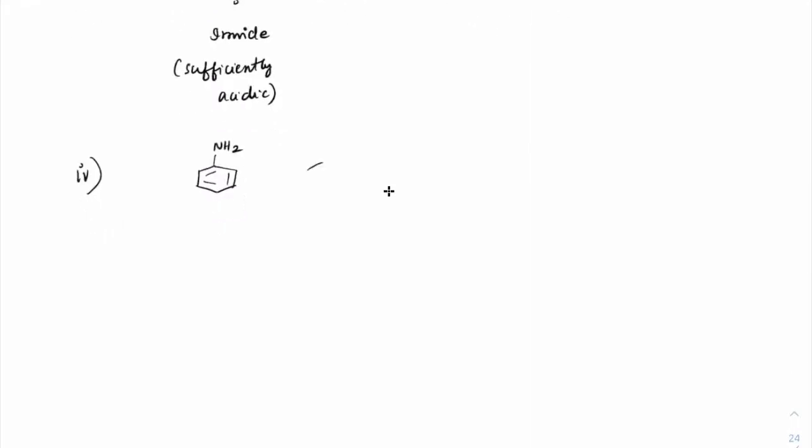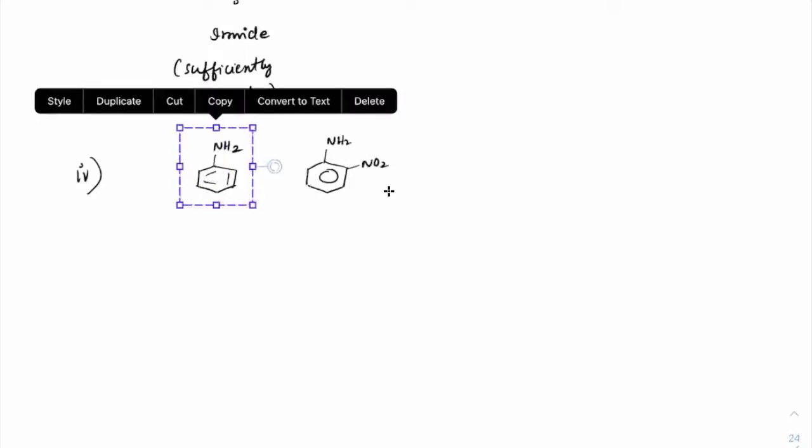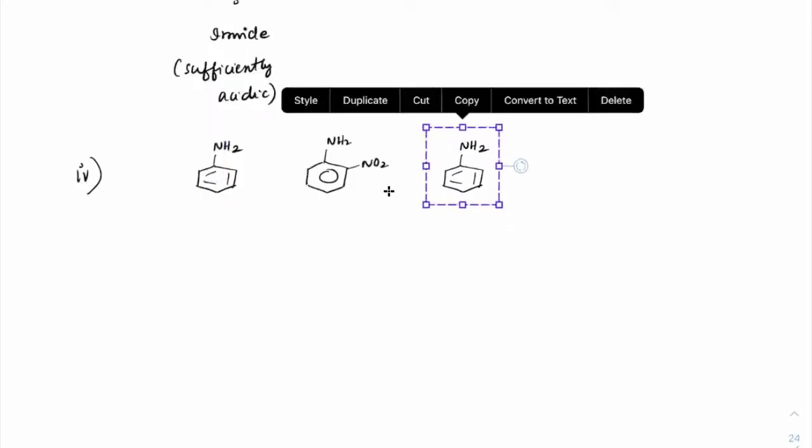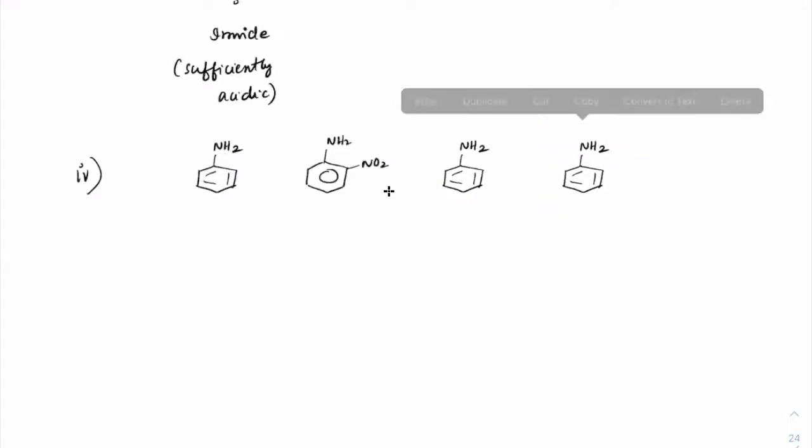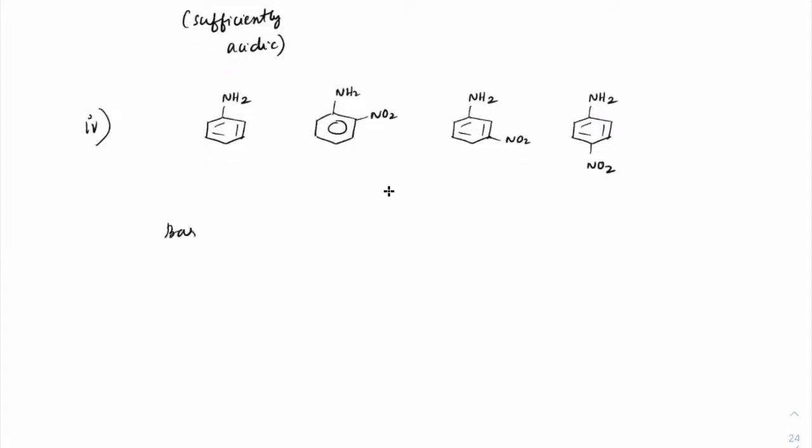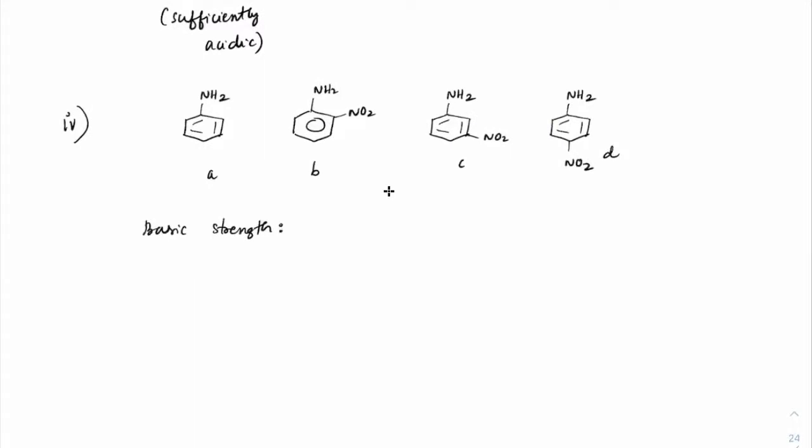Suppose you have NH2 with NO2 present here, got it? And see the same way for para and meta here. Suppose we have NO2 at meta and NO2 at para. Now we have to check how its basic strength is.